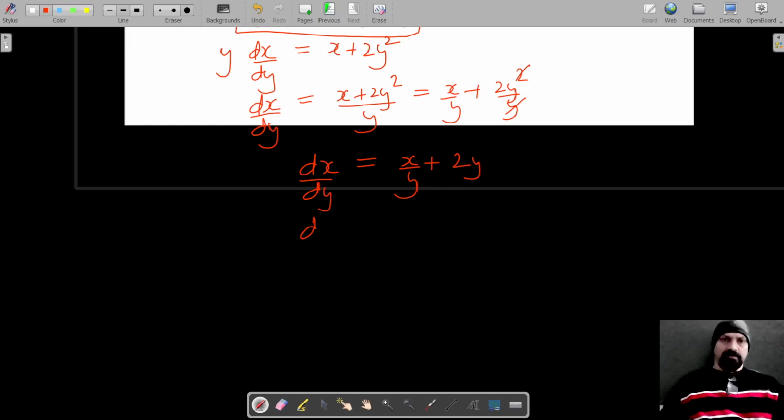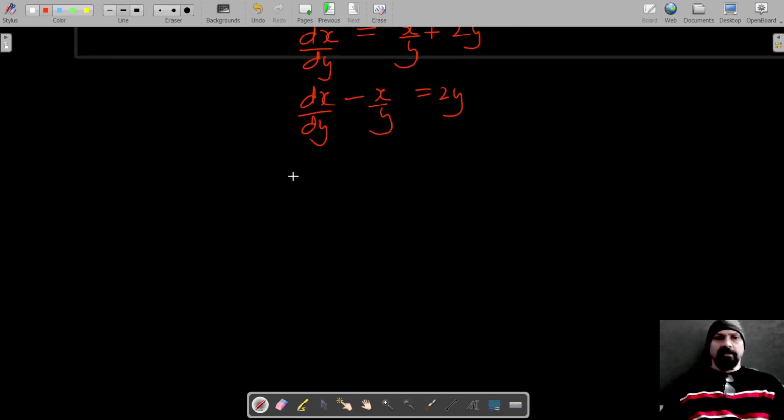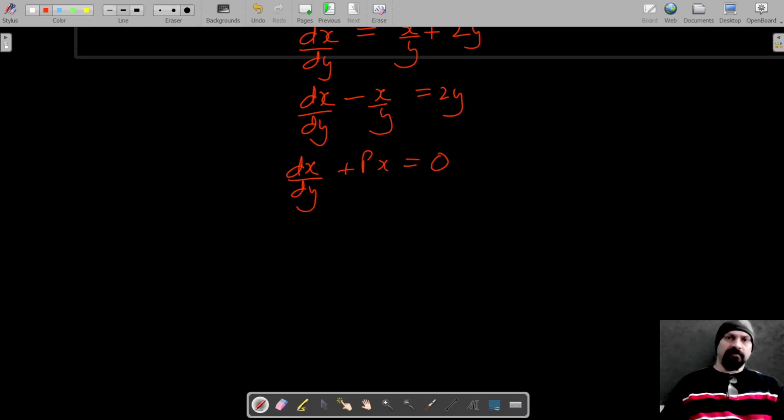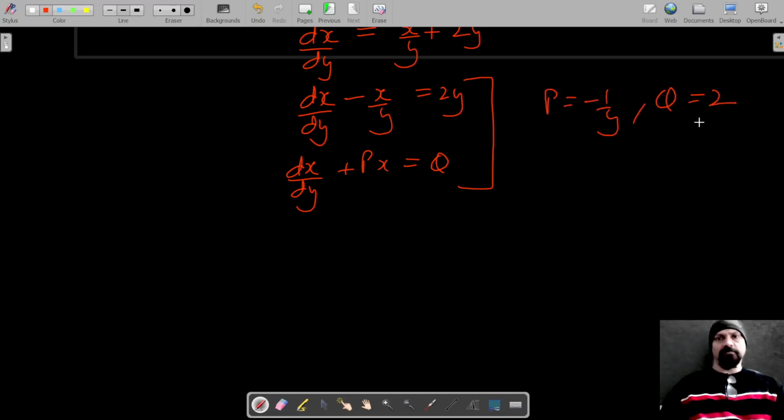So this is dx by dy is equal to x by y plus 2y. And finally, this is dx by dy minus x upon y is equal to 2y, and this can be compared with dx by dy plus Px is equal to Q. If we compare these two terms, P is equal to negative 1 by y and Q is equal to 2y. And to solve this, let's get the integrating factor.